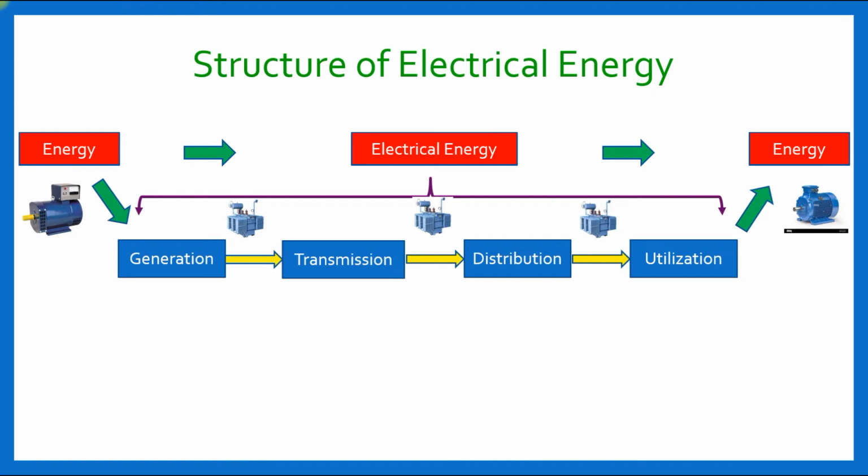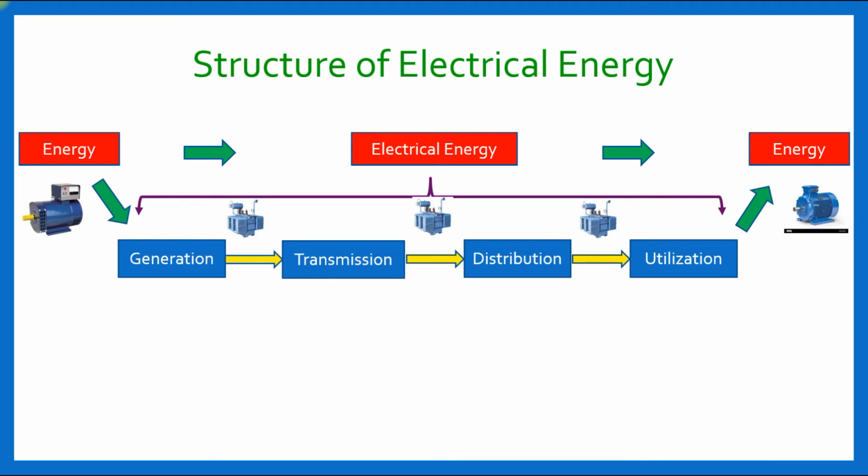But here we need to go deeper into the things. What exactly happens is that electrical power can be described in two ways: voltage and current.